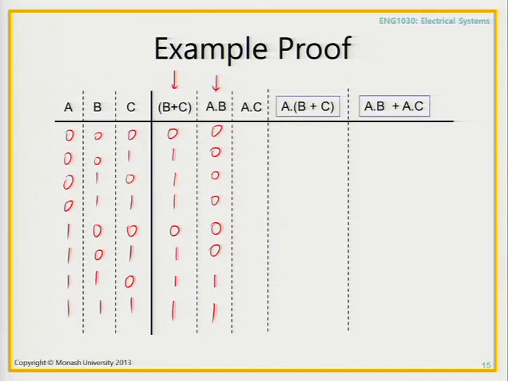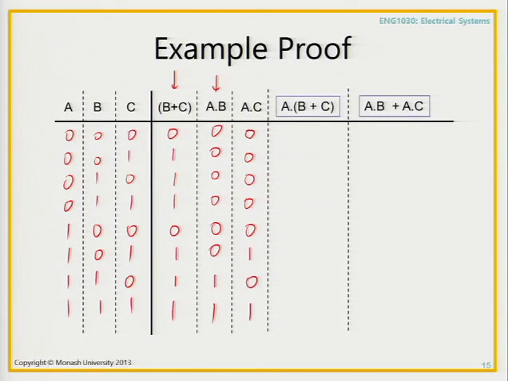Am I right? Okay. What about A and C? A and C here would give me 0, 0, 0, 0, 0, 1, 0.